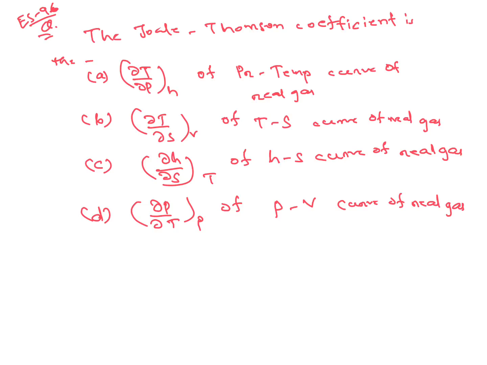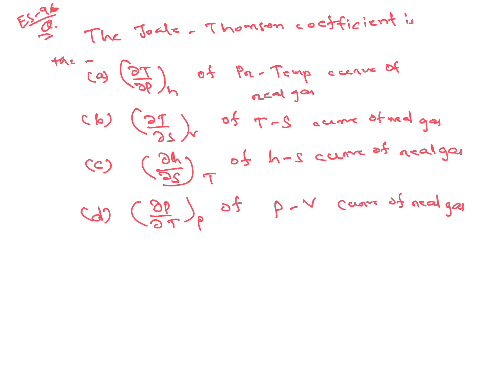The next question was asked in IES 1996. The Joule-Thomson coefficient is: option A, dT by dP at constant H of the pressure temperature curve of a real gas; B, dT by dS at constant V of the temperature versus entropy curve of a real gas; C, dH by dS at constant T of the HS curve, enthalpy versus entropy curve of a real gas; D, dP by dT at constant P of the pressure versus volume curve of a real gas.